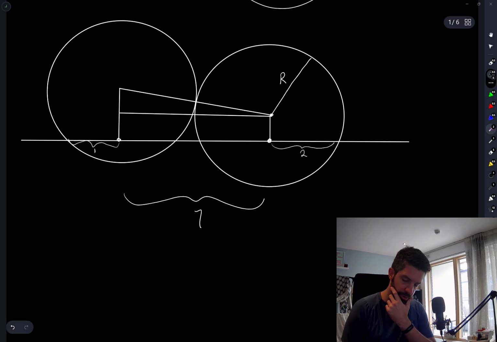I think I said something earlier about what this distance is, and it didn't make any sense because I don't know what this height is.